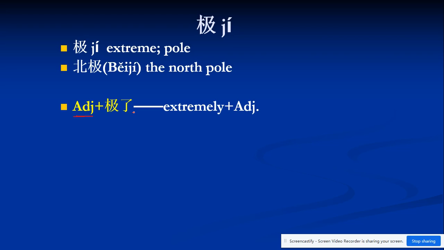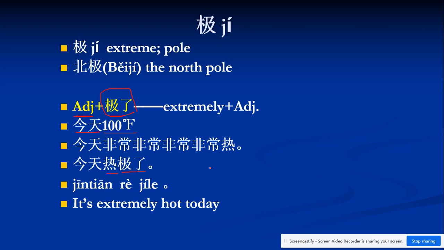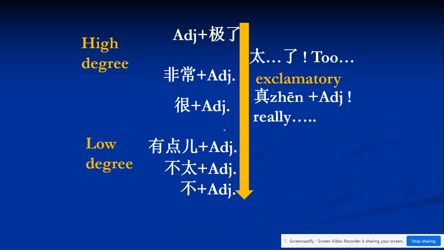But for 极了, it's placed after the adjective. 今天非常非常非常非常非常热。今天很热。And I will say 今天热极了。热极了, extremely hot.